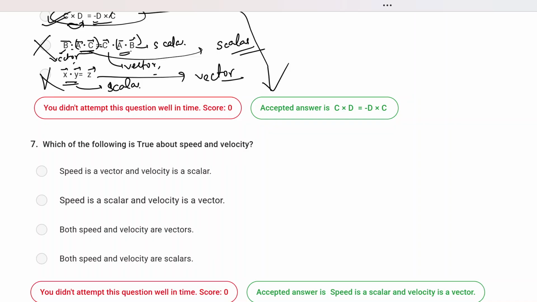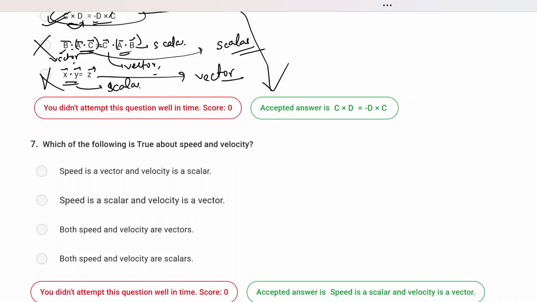Like say for speed, you say that this car is moving at a speed of 15 kilometers per hour, or this train is moving like that. This is not mentioning the direction, whether it is moving north or south. This is just telling you the speed, the value. So that is how speed is a scalar, right? But when you mention the velocity of an object, you have to mention the value and the direction.